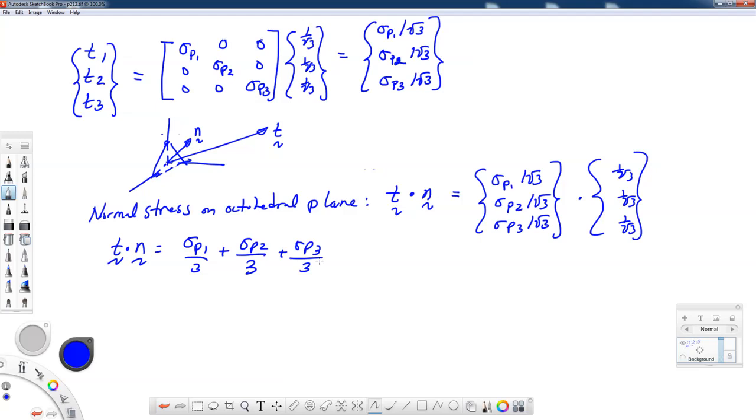This ought to look kind of familiar based on what we talked about in the last lecture about hydrostatic stress. The trace of the stress tensor in any coordinate system is an invariant. This is I1. Sigma P1 plus sigma P2 plus sigma P3. 1/3 of I1 is the hydrostatic stress.